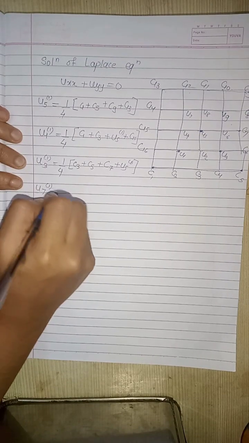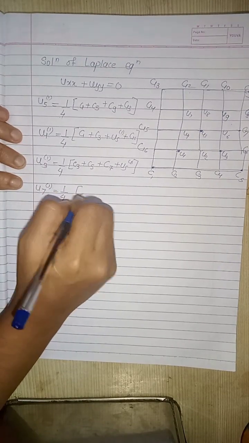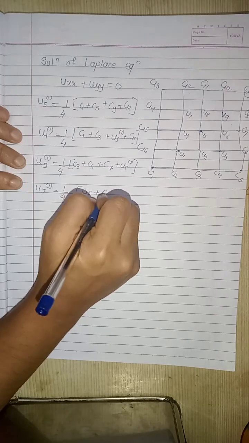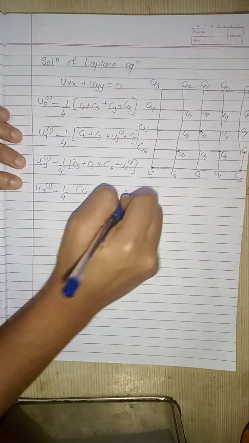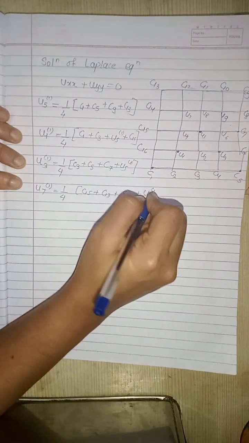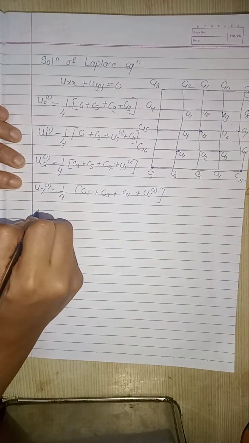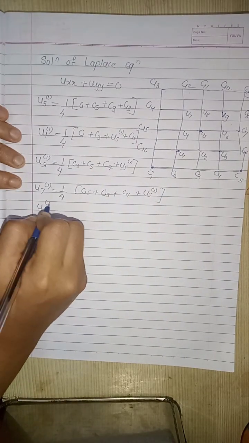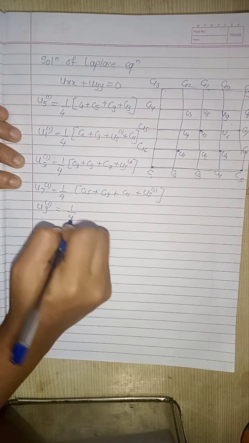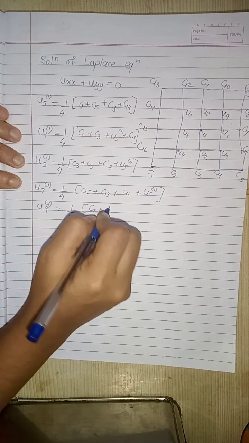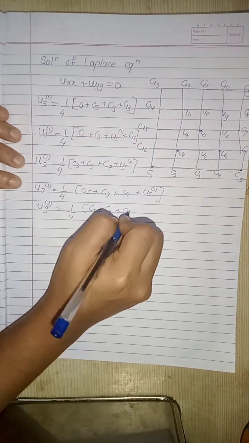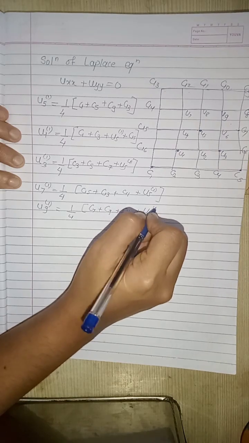Similarly u7^(1) equals 1 upon 4 [c15 plus c13 plus c11 plus u5^(1)], and u9^(1) equals 1 upon 4 [c7 plus c9 plus c11 plus u5^(1)].